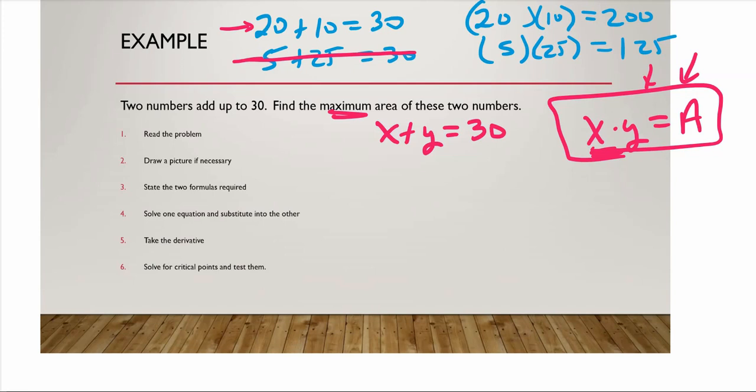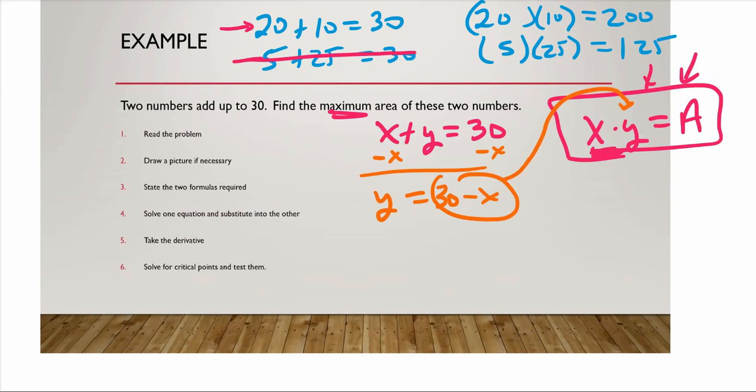So what I'm going to do is solve for the letter y. In this case, I'm going to subtract an x from both sides, and I'm going to end up with y equals 30 minus x. So I'm going to take this now and substitute it into this one. So I can now say that my area is going to be x times 30 minus x.